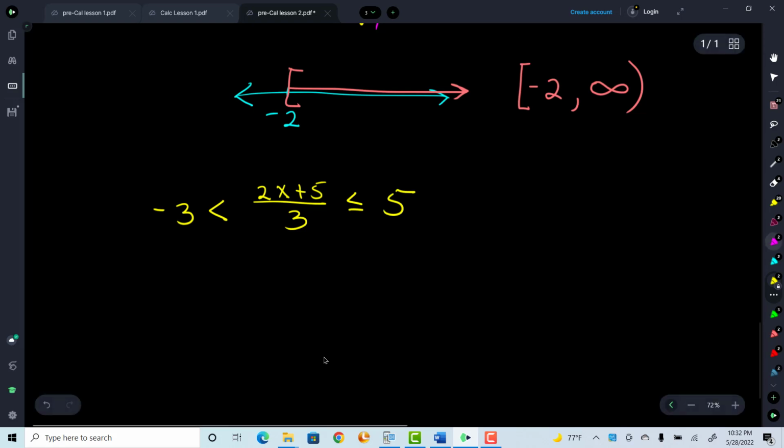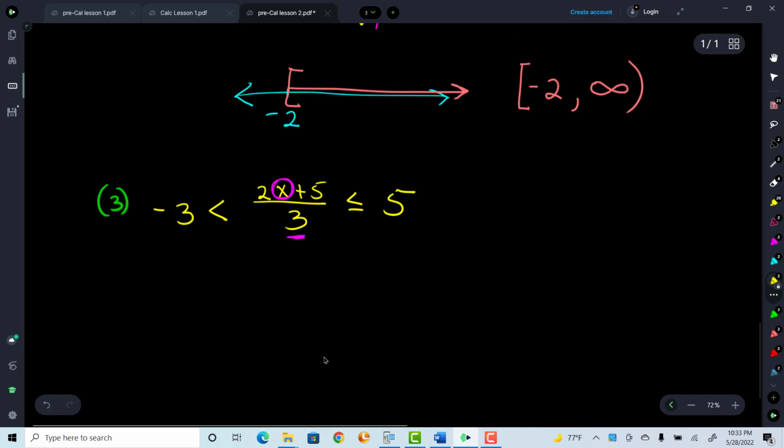Remember, what is our goal? We want to get this x by itself. We want to isolate the x. So the first thing I'm going to do is try to get rid of this 3. Well, we're dividing by 3, so how do I get rid of it? I'm going to multiply everything by 3.